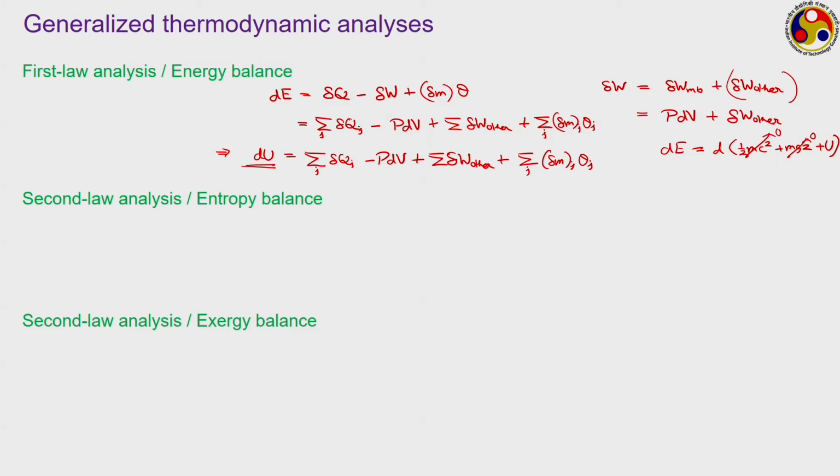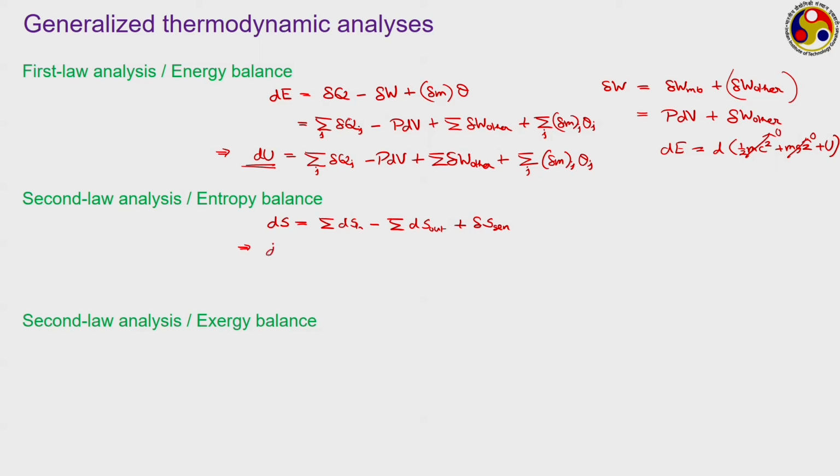If we perform an entropy balance, then as we have written in the previous lecture, the total change in entropy of a system can be considered to be the summation of all the sources of entropy coming into the system minus all sources of entropy moving out of the system plus entropy generation. Here we are putting a delta sign in front of entropy generation because that depends on the process. If you are talking about a reversible process, the entropy generation will not be there.